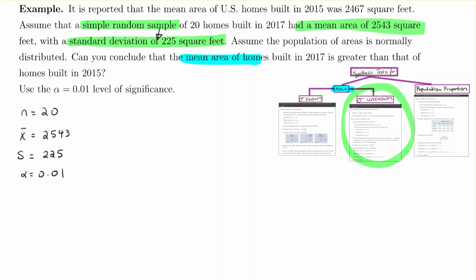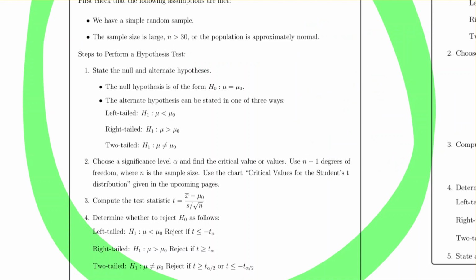And in particular, if we look at the steps for the hypothesis test of the mean, population standard deviation unknown, we see that we're going to have to use the student's t-distribution, which has to do with degrees of freedom. So at this moment, since I need to know the degrees of freedom, I might as well write that down as part of the information I'm gathering. Remember, the degrees of freedom is the sample size minus 1.